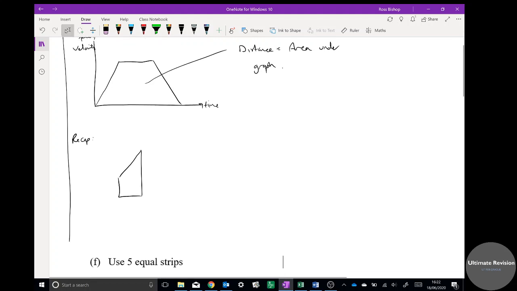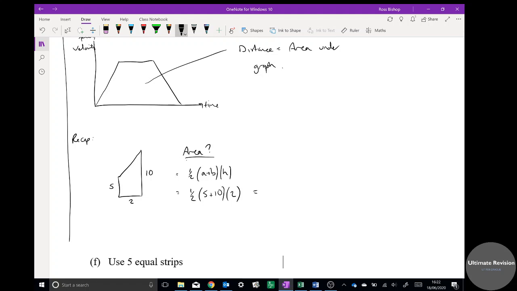So I might want to find the area of this sort of shape, and this is a trapezium. If I was to work out the area of that, the area is half (a plus b) times h. A and b are the parallel sides. So in this case, it would be half, 5 plus 10, times the distance between them. h is the distance between them, which is 2.